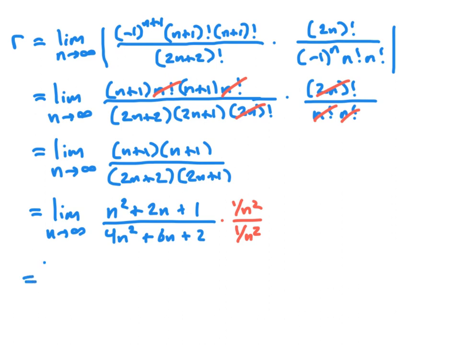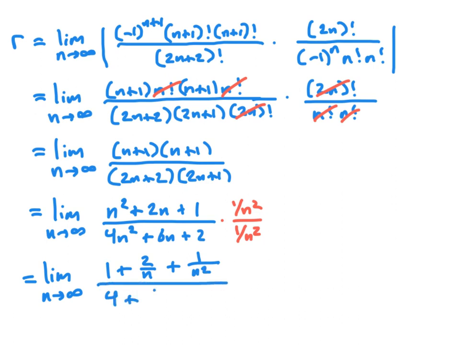This will give us then the limit as n goes to infinity of 1 plus 2 over n plus 1 over n squared, all over 4 plus 6 over n plus 2 over n squared. All of these terms with an n in the denominator will then go to 0 when we take our limit as n goes to infinity. And what we're left with is the value 1/4, which we know to be less than 1.